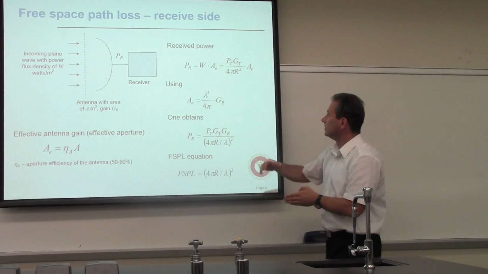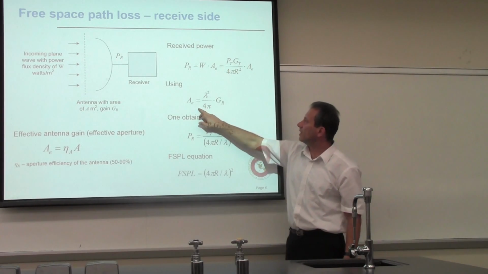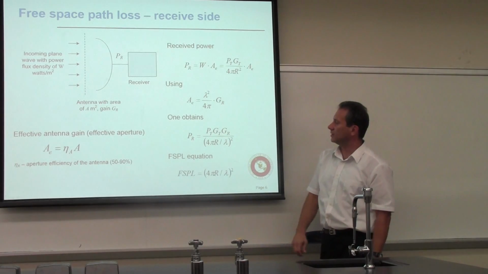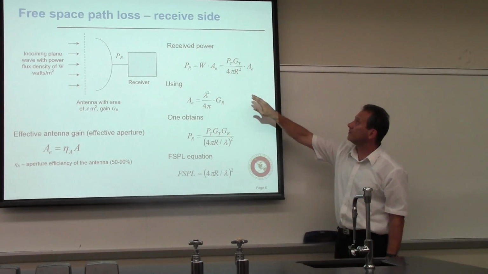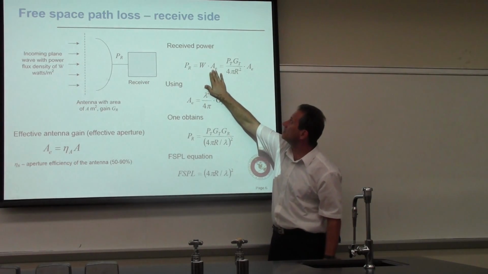And the relationship between the gain and the effective aperture of the antenna is the one given here. So now we have that the power is the flux density times the effective aperture.